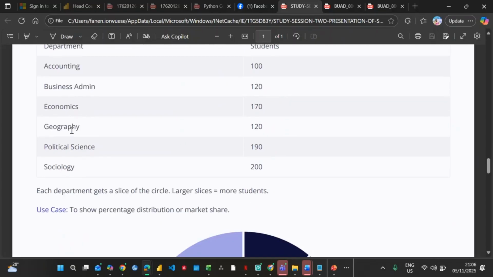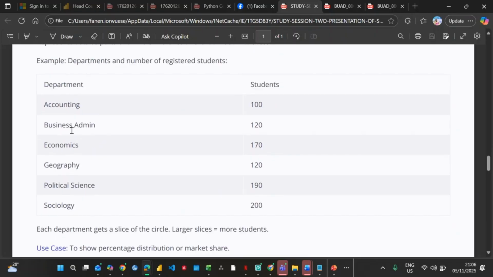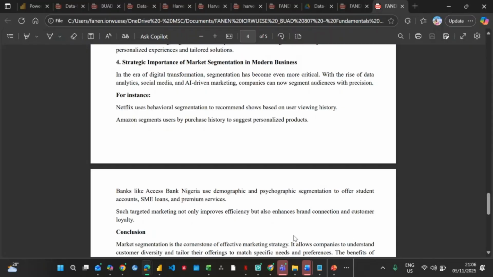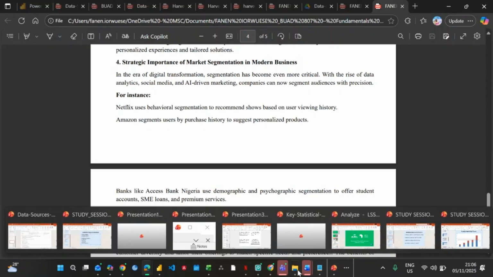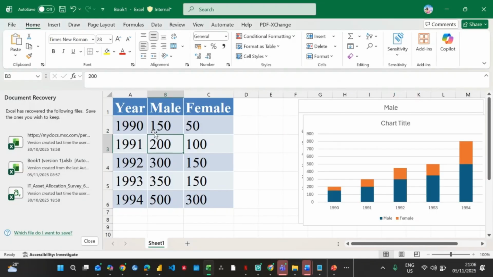Remember, the department here is the category you are looking at. It is the one that has the categorical data, which is text. The number of students is now numbers. So you're going to slice this data into pieces. The whole of that circle is going to be the total, so you're going to slice it to give you these numbers. That's basically what you're going to do.